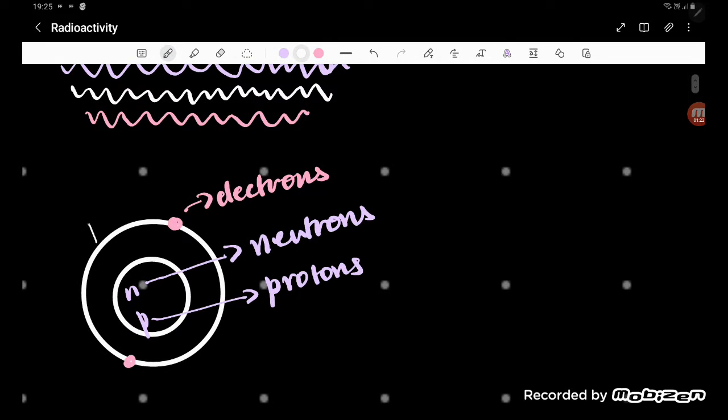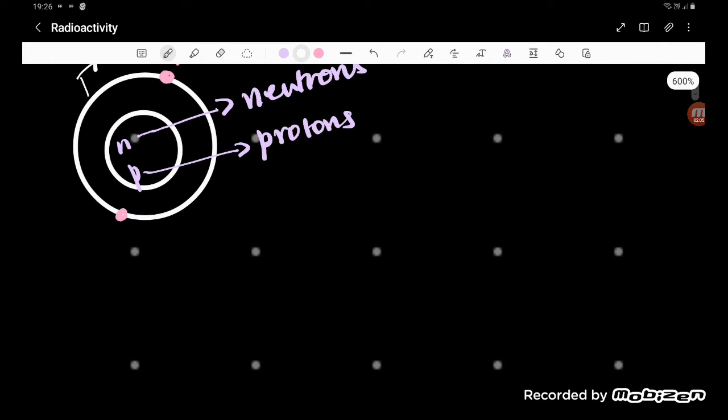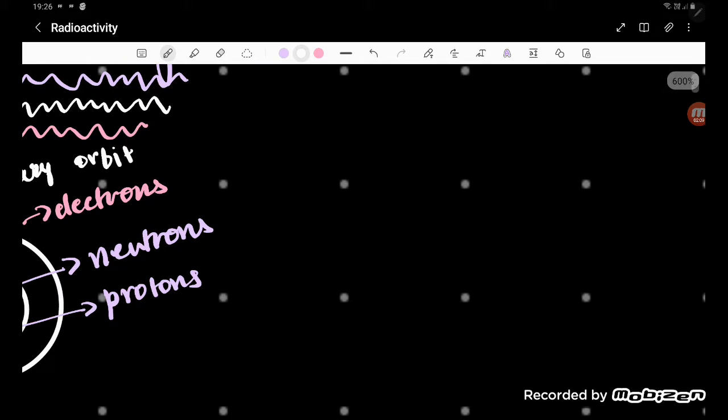This is called a stationary object. Electrons are the negative charges, neutrons are neutral charges, and protons are the positive charges.